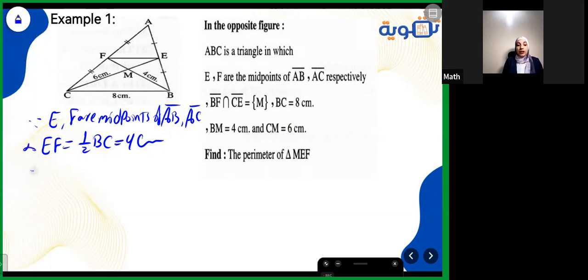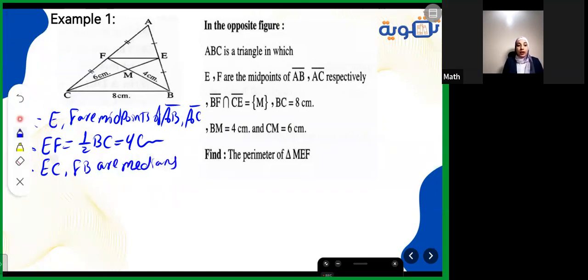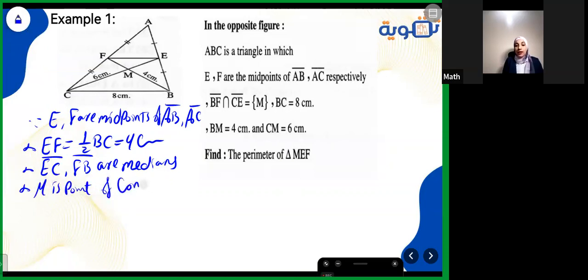After that, I know that EC and FB are medians. And since they are medians, they have a point of concurrence. Then M is the point of concurrence, because they are all intersected at this point, so it's dividing them into a ratio.